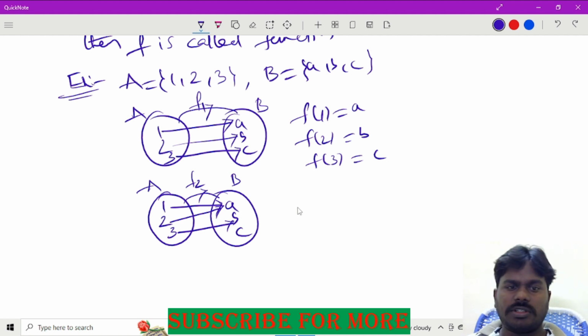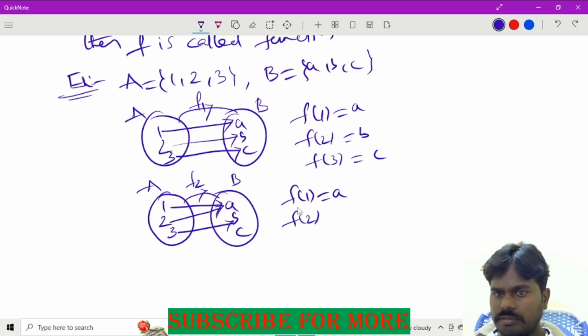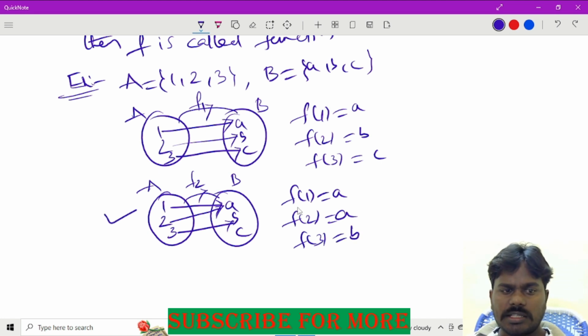Whether this relation, this f2, is a function means yes, because here 1 and 2 are different elements which are mapped with a. So with respect to 1, a is distinct. With respect to 2, a is distinct. So f of 3 is mapped with b, so it is very clear. So this is also a function.